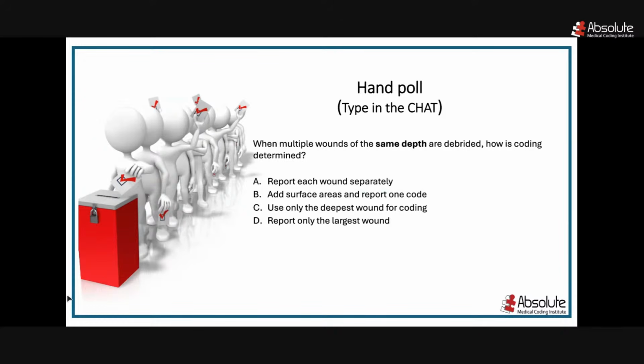When multiple wounds of the same depth are debrided, how is coding determined? Is it option A, report each wound separately? Option B, add the surface areas and report one code? Option C, use only the deepest wound for coding? Option D, report the largest wound? What say you, coders?